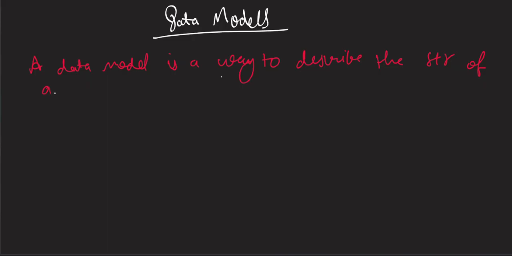A data model is a way to describe the structure of a database. So basically it describes the structure of any database, and that is called a data model.